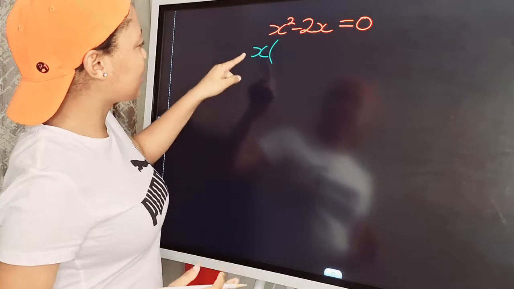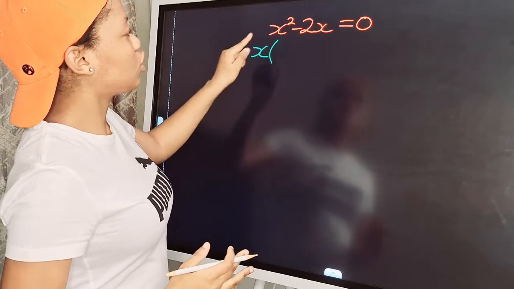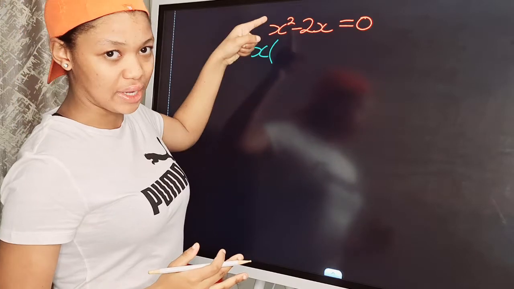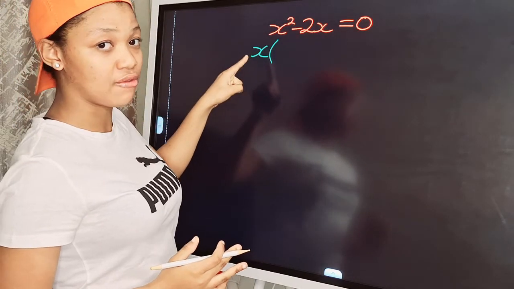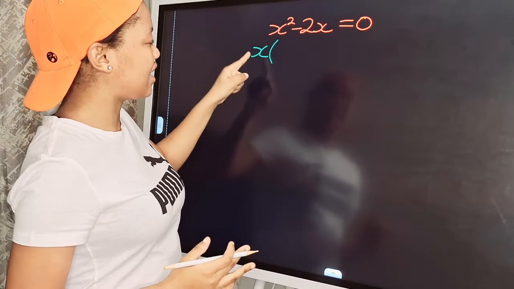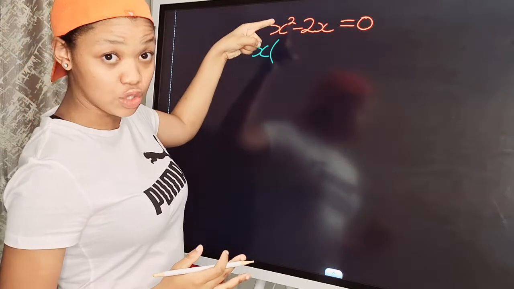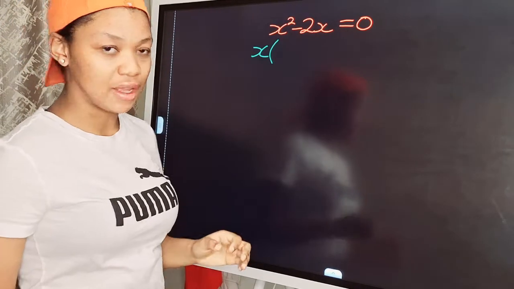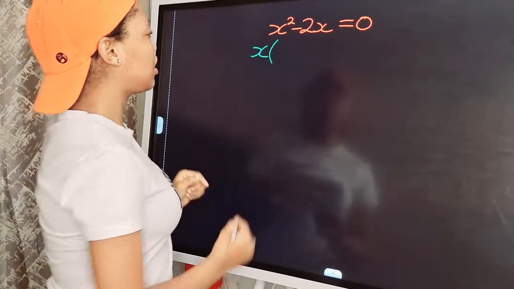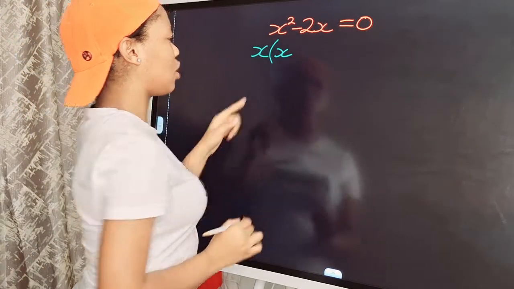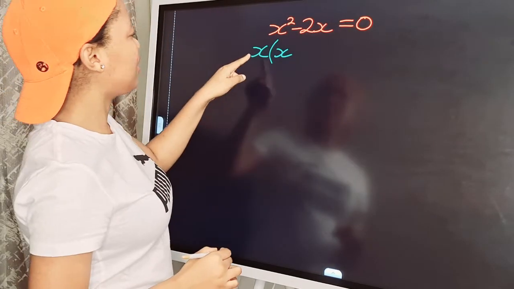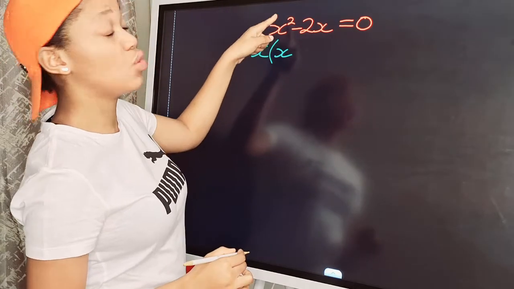And then for the first term, we want to go back to being x squared. Let's say we want to take this x back to being x squared. What are we going to multiply it by? For x to be x squared, you multiply it by another x. So I write x here, because I know x times x takes me back to x squared.